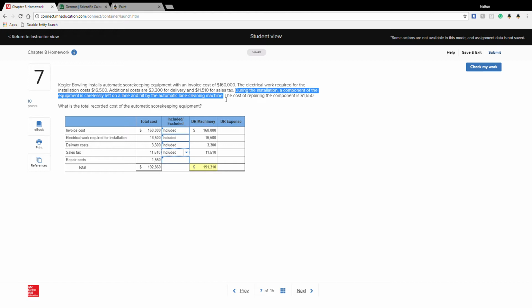So we already had this component, but someone just left it on the lane and it got hit by the automatic lane cleaning machine. So this is considered basically an accident or a mistake. With that being the case, this is not a part of the capitalization of this machine to get it ready. This is a true expense because it was a mistake. We don't capitalize mistakes.